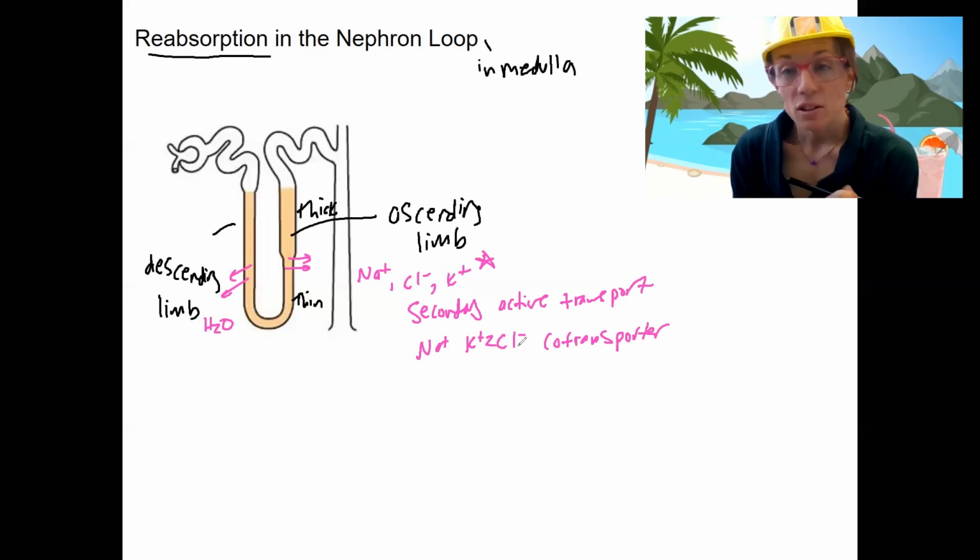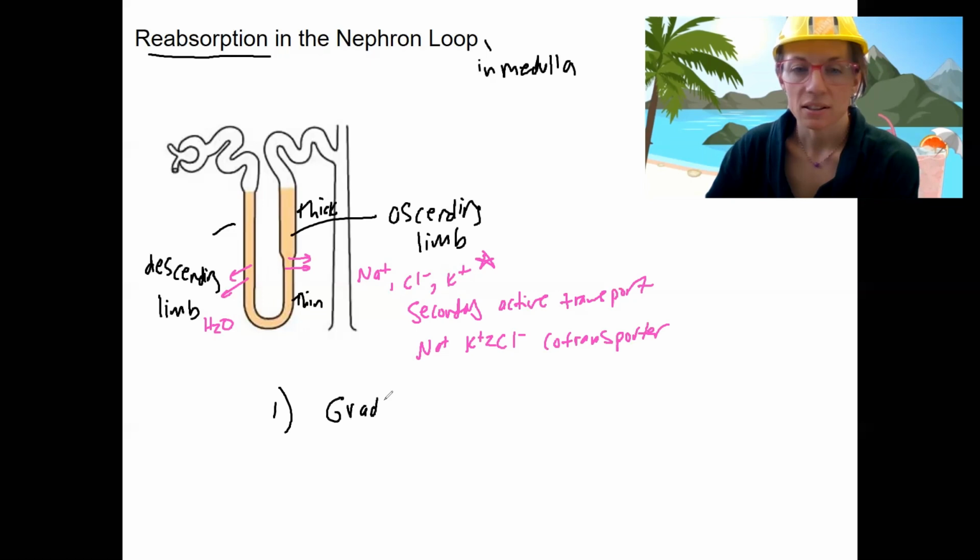So the 2 things to consider when looking at what moves where are, is there a gradient for that thing to move? If not, we need to have ATP action. So gradients are going to be big. They always have been.